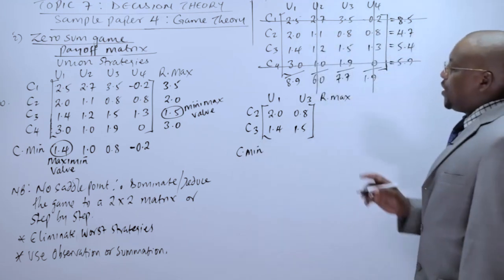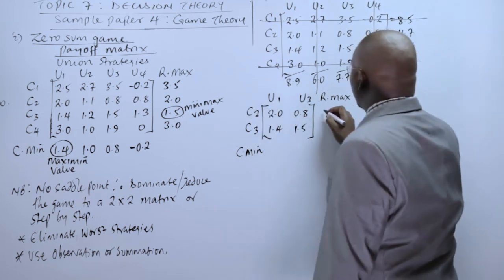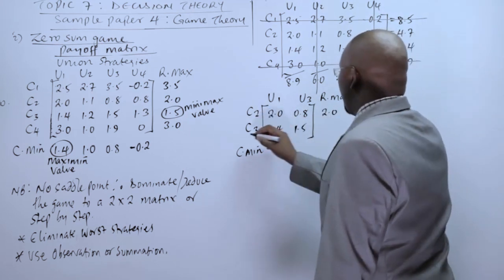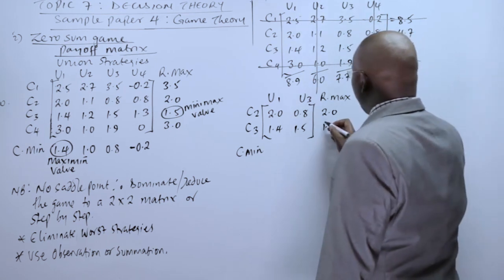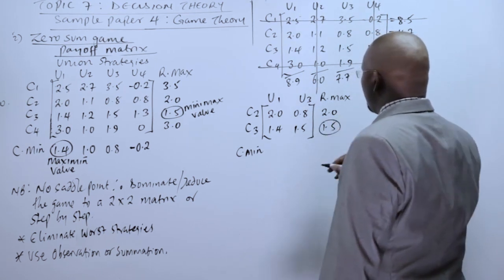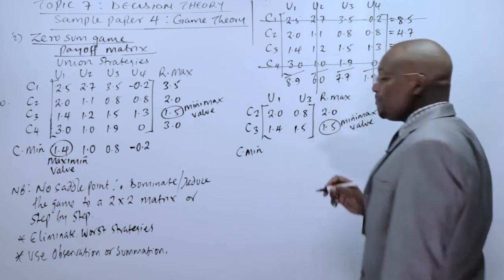So the maximum, the company would lose highest 2.0, and here will lose 1.5. This is better. They better lose 1.5 than losing 2.0. This is now the minimax value, the minimum of the maximum.